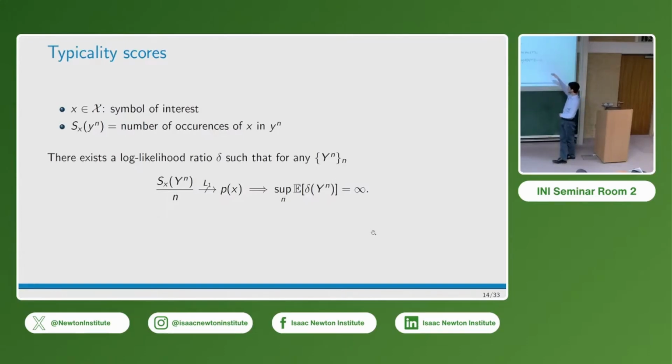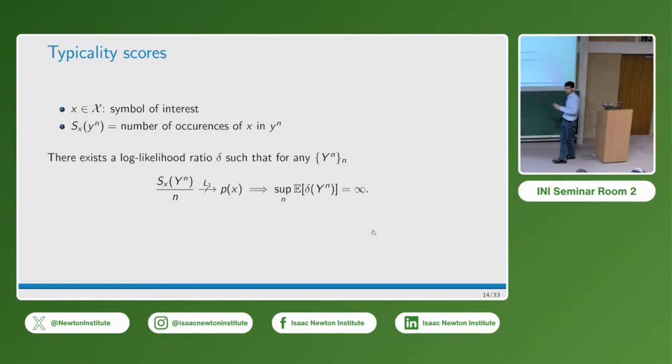Delta is such that for any sequence of random variables yn, if the frequency of symbol x doesn't converge to what we would expect, which is the probability according to the source or target distribution, then the score of the likelihood ratio delta will explode. It will not be bounded in its expectation.